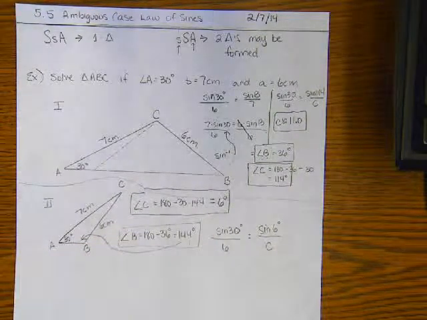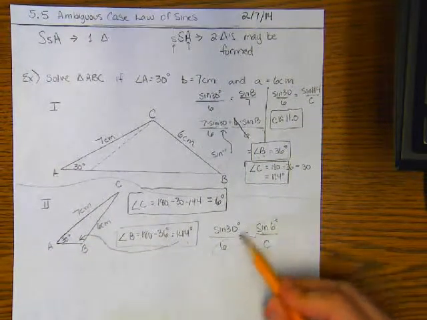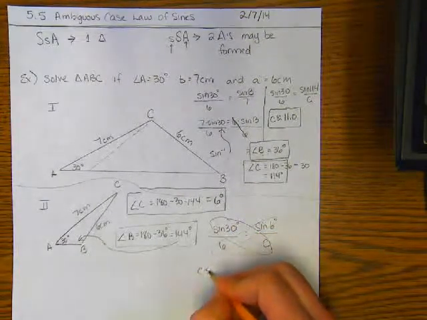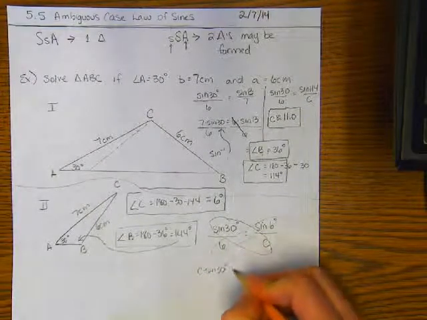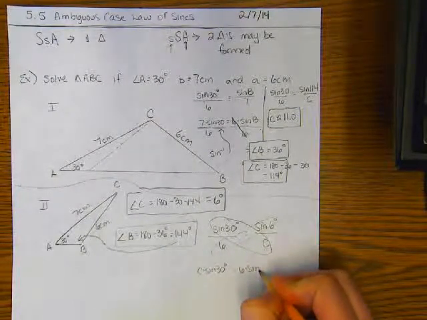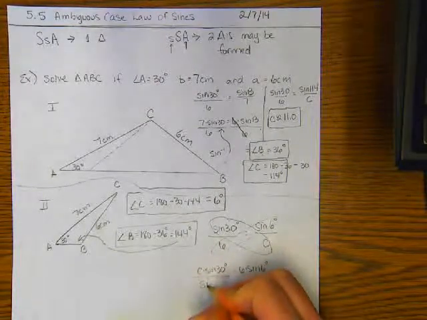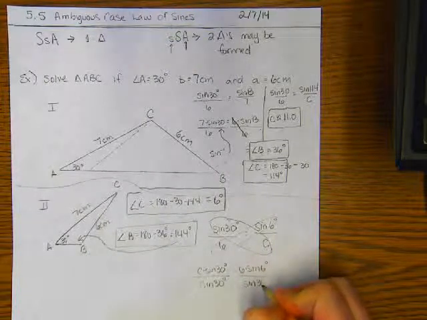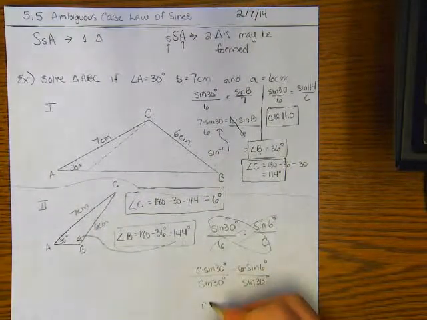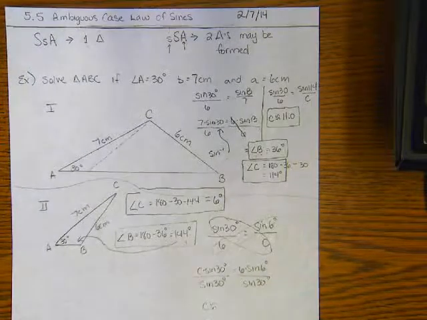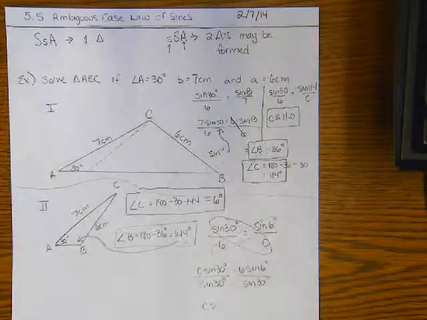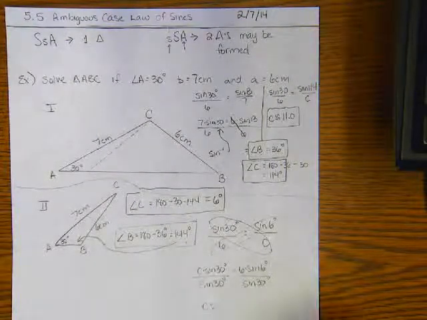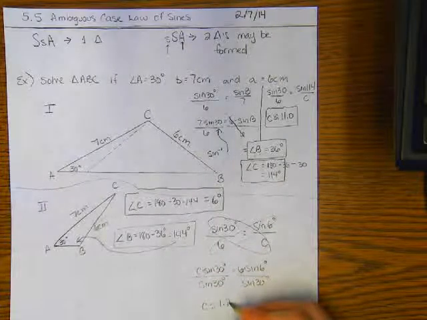So we cross multiply and solve, just like we did above. I divide both sides by sine of 30, and I get side c, which is this little side right here, to be approximately 1.254.